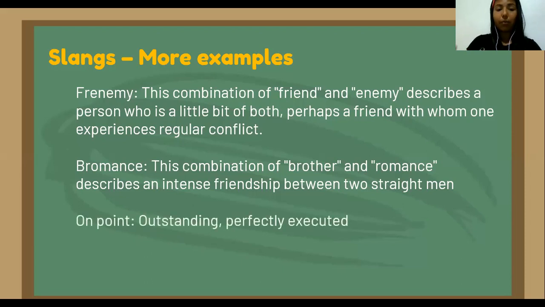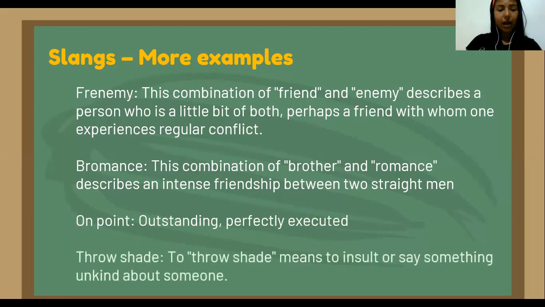Another word is on point, that is perfectly executed. And throw shade, its meaning is to insult or say something unkind about someone. So you see that you have to study those words in order to recognize the meaning.